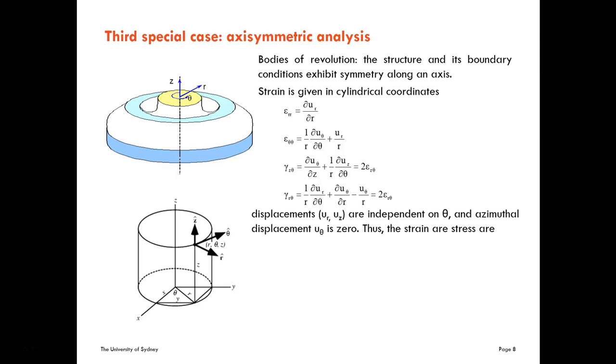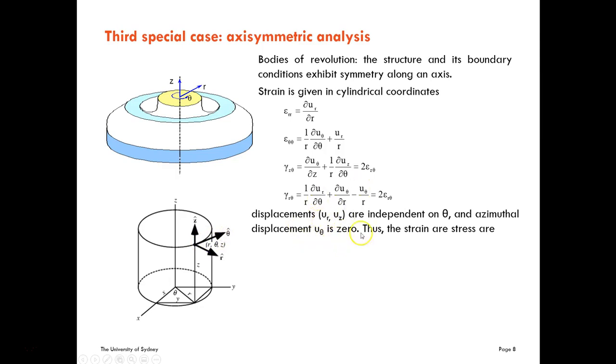Then we assume that the displacement is invariant with respect to the theta direction. What does it mean? That the r component of the displacement and the z displacement don't depend on theta. And we are going to assume that any displacement along the theta direction, perpendicular to the rz plane, is going to be 0.